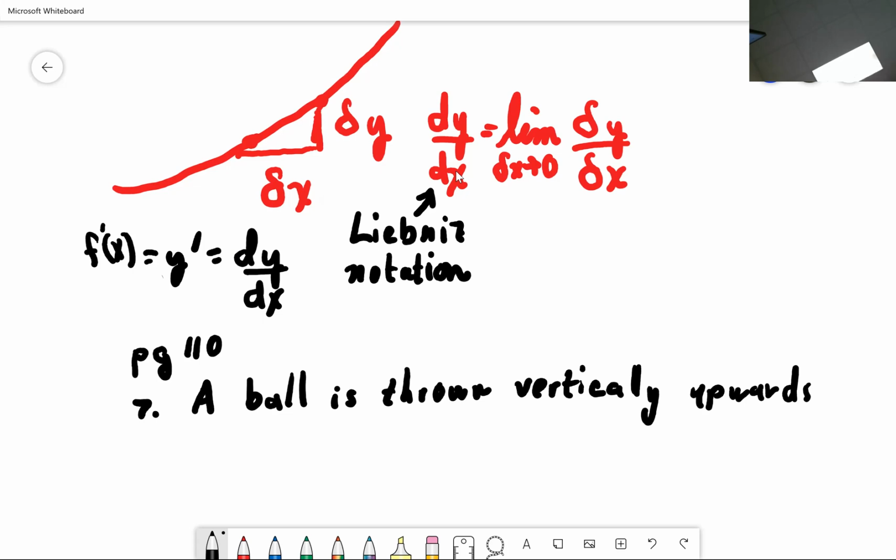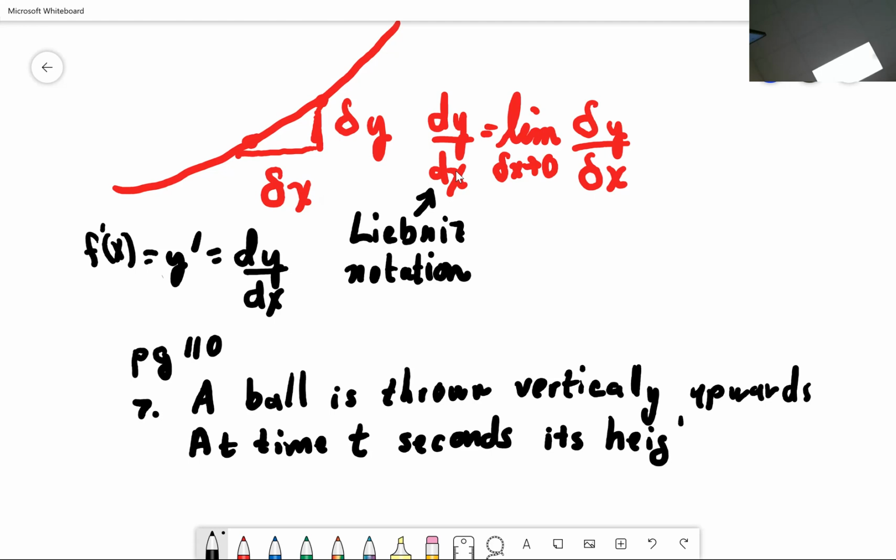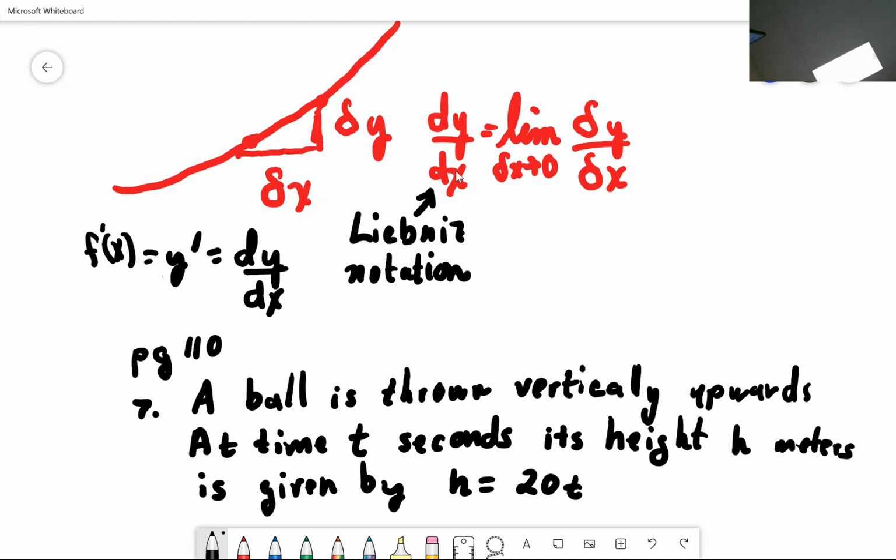And it says at time t seconds, its height h meters is given by h equals 20t minus 5t squared.